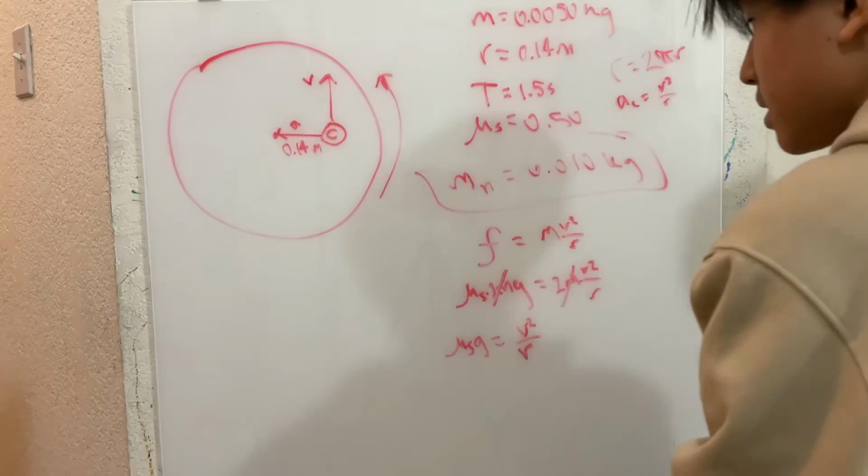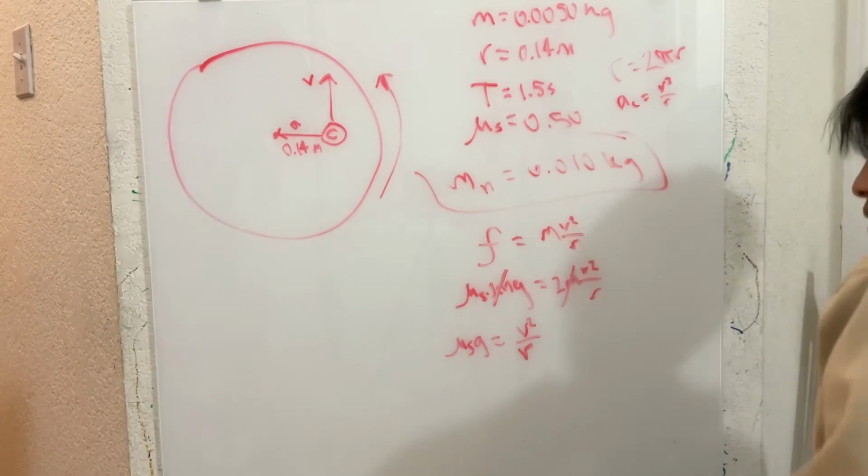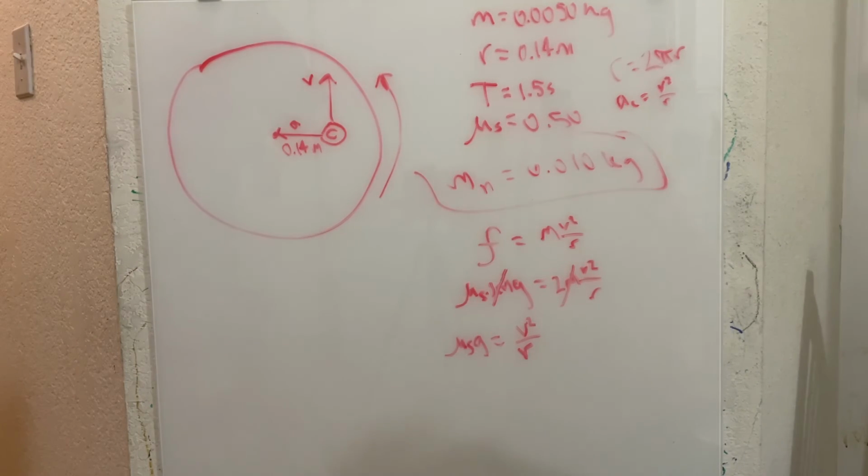So mass shouldn't really affect the velocity of the coin, as long as the disk continues to go the same way, the coefficient of friction also stays the same, and the radius stays the same as well.